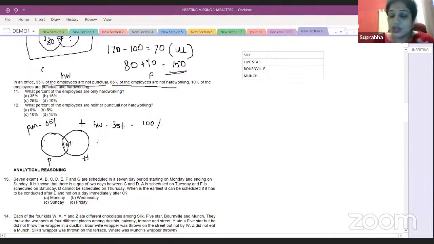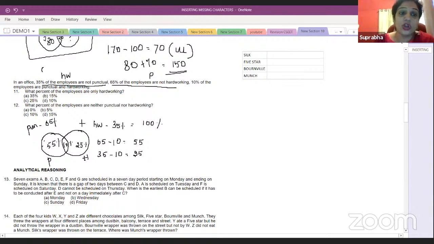Hence, 65 minus 10 gives me 55. So 55% are punctual alone. Similarly, for hardworking, 35% minus 10 gives me 25. So 25% of the employees are hardworking alone. Till here I got the Venn diagram and its calculation.